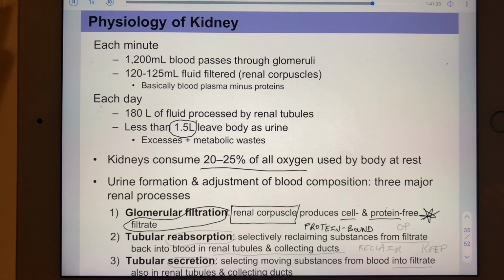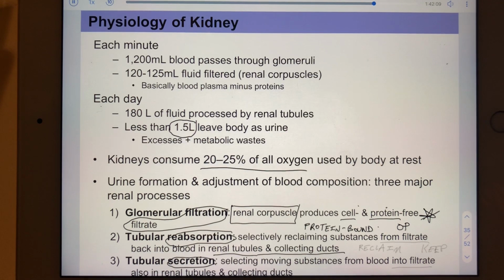And then also the fluid that these solutes pull on or keep behind due to osmotic pressure. We already know that renal tubules perform reabsorption and secretion. Okay.